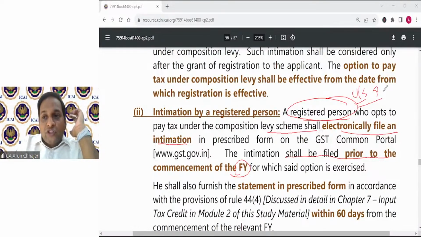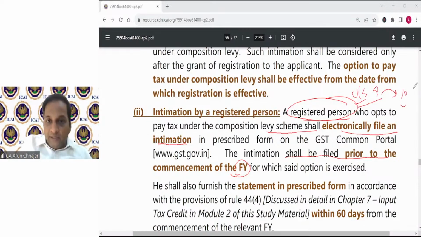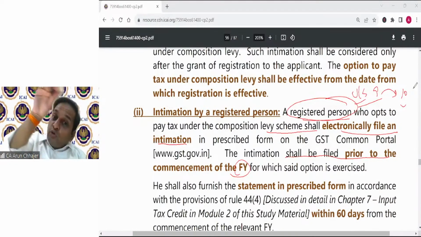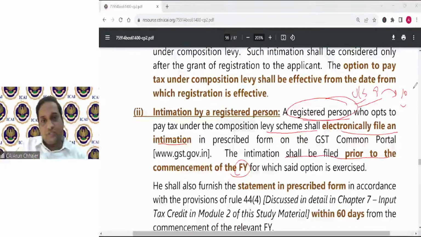I would like to switch to composition, section 10. It means they are not talking about a new registration. They are talking about someone already registered, but not under the composition category, who now would like to opt for composition. It is called opting into the composition.